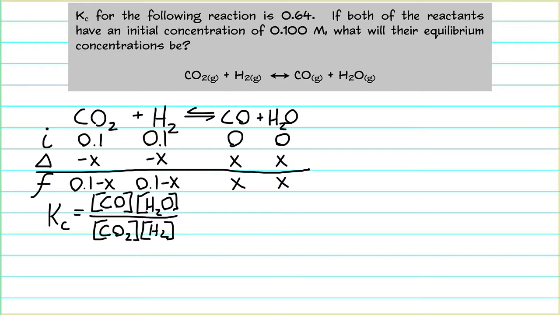Now let's substitute in our values, and we're going to end up with x squared upstairs, all over the quantity 0.1 minus x squared downstairs, and we're told that is equal to 0.64.